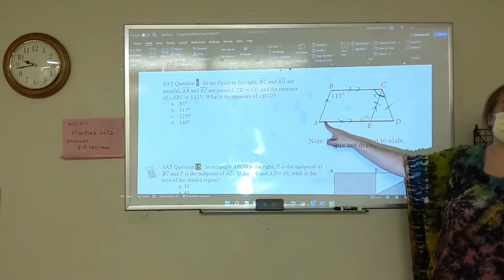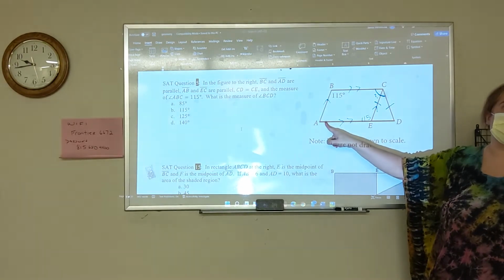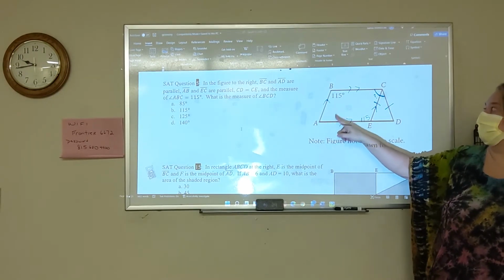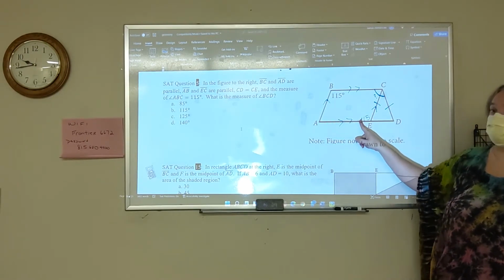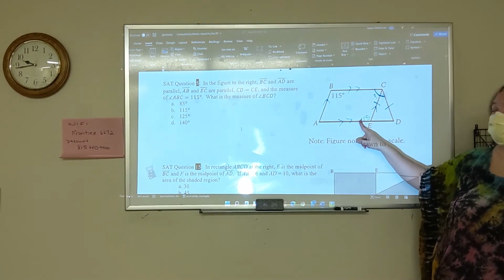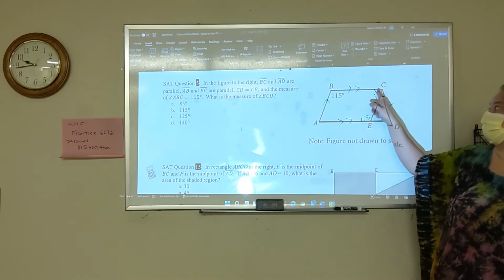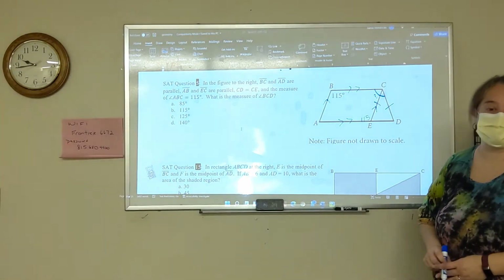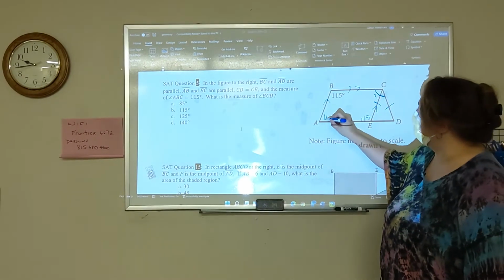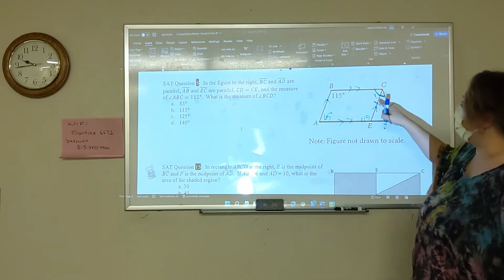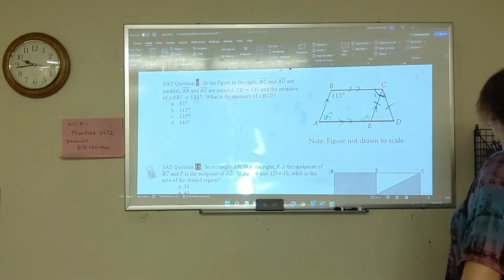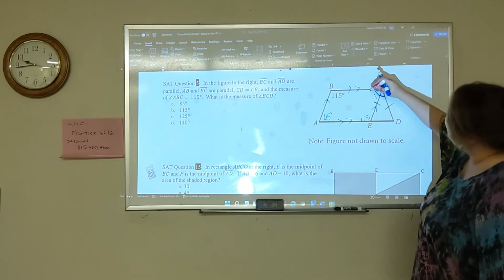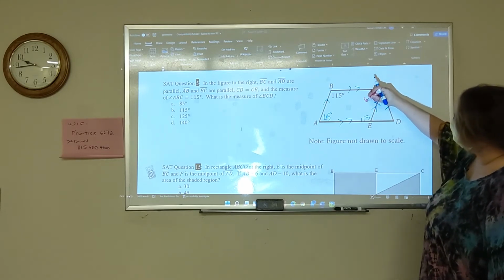All 4 angles in any quadrilateral add up to 360. So you can add the 115s together, subtract it from 360, and then split it in 2 to get your A and your C. And I believe that comes up to be 65. So that's going to be 65, and this part of the angle up here that's inside your parallelogram, this part is 65.